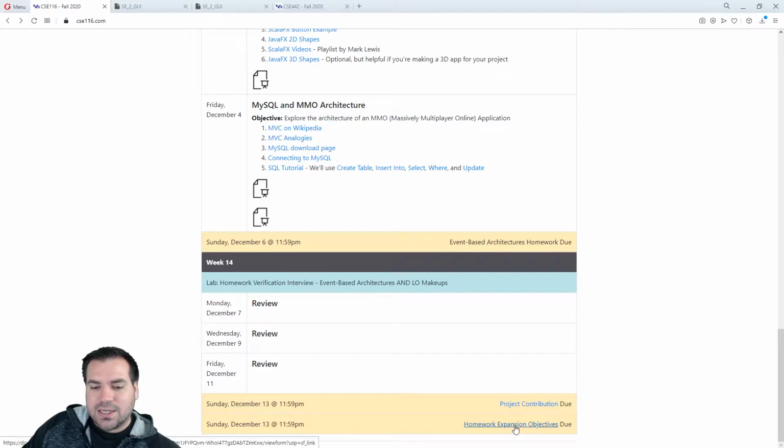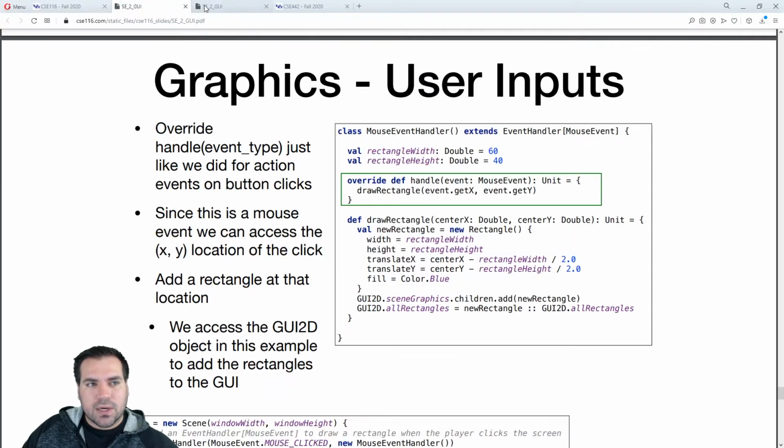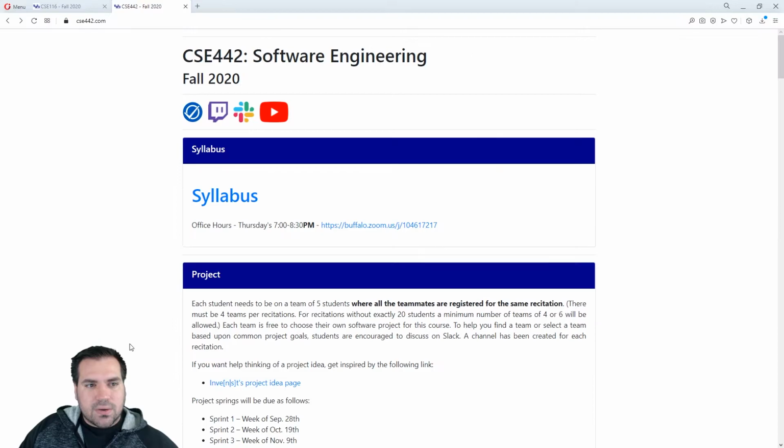And then homework expansion, that link gives you a form to inform me that you've completed one of your homework expansions. So if you did homework expansions, click that form, and then when I find the time, I'll go through and process them. And you'll either get your grades or get some contact from me.